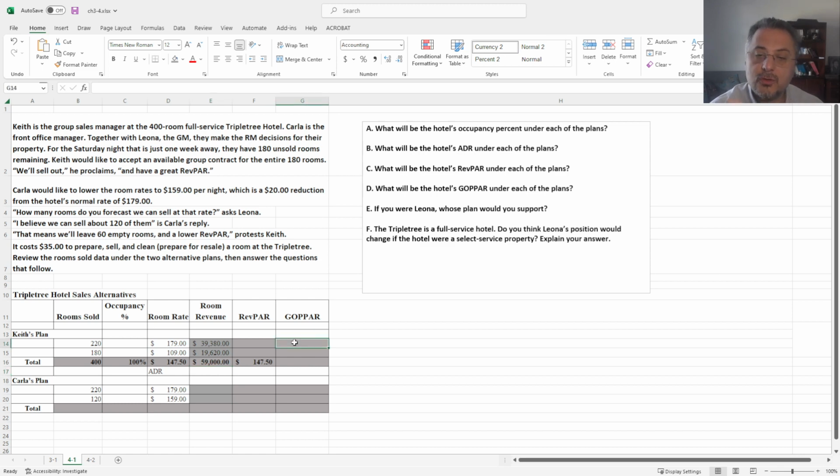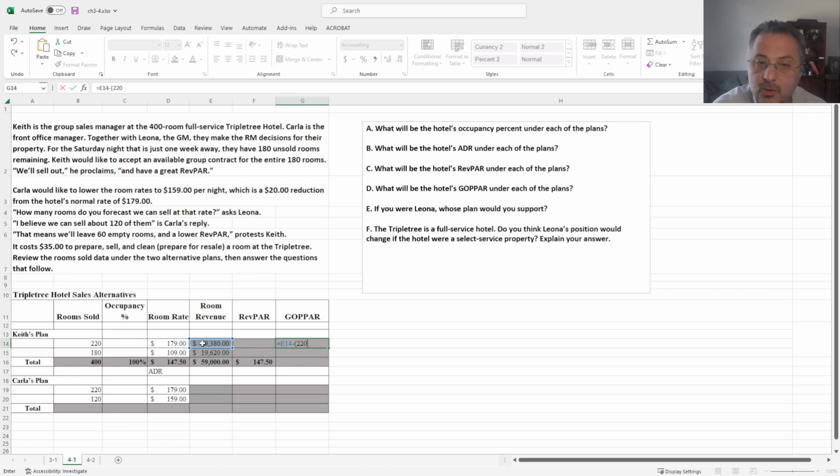Now, gross operating profit per available room is basically after variable cost, right? So in order to do that, first we take the room revenue minus, how many rooms sold? 220.